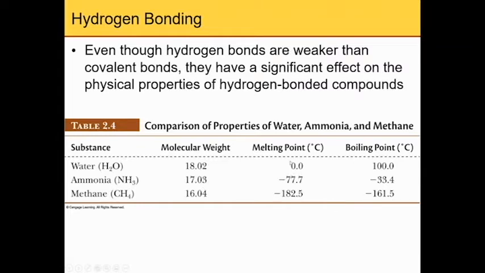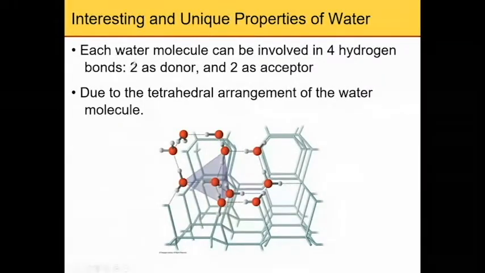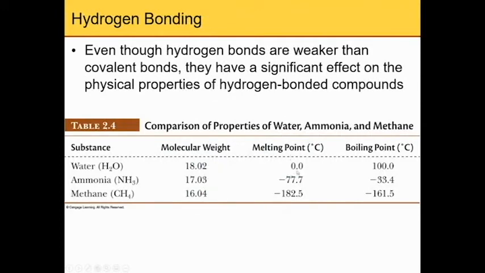Because water has hydrogen bonds. Each water molecule is involved in 4 hydrogen bonds, 2 as donor and 2 as acceptor. That's why it's more stable than ammonia and methane.